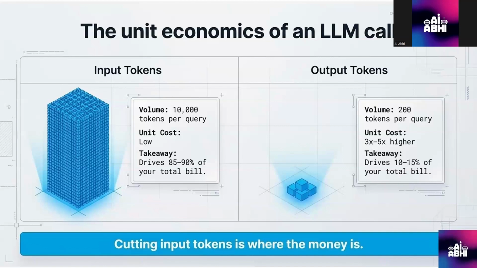A typical RAG pipeline with 10,000 token context sends 10,000 input tokens and generates 200 output tokens. Given those ratios, even though output is more expensive per token, input is still 85 to 90% of your bill. That means cutting input tokens is where the money is.